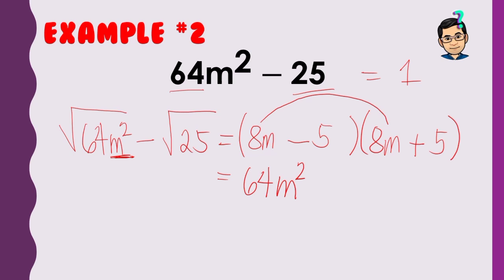So, kung i-apply natin yung product rule ng law of exponent, i-add natin yung mga exponent. So, 1 plus 1 equals 2. And then, negative 5 times 5 is negative 25. Okay. So, ibig sabihin, ang factors ng 64m squared minus 25 ay 8m minus 5 times 8m plus 5.